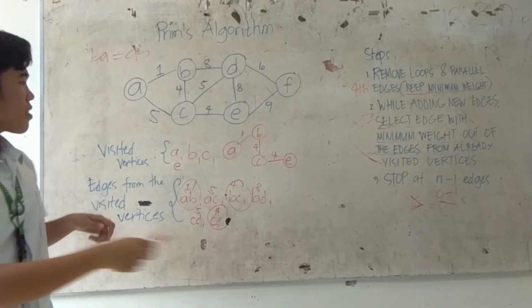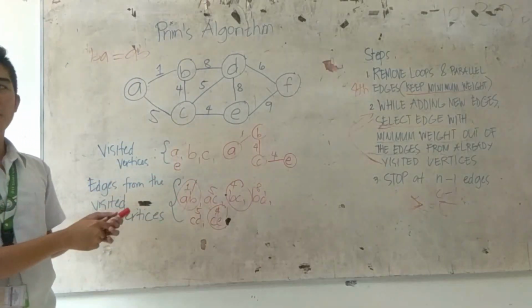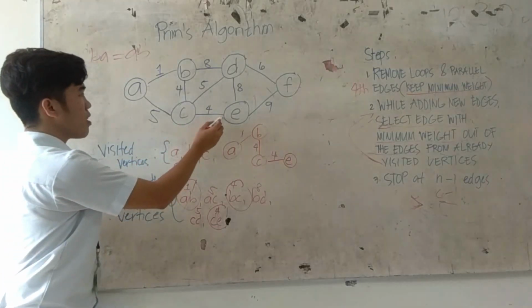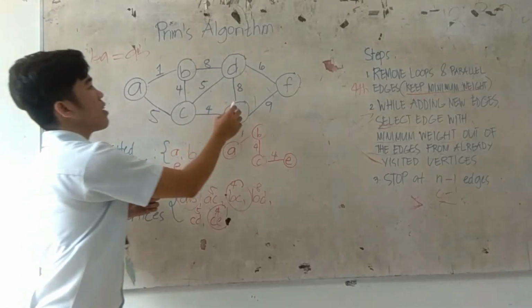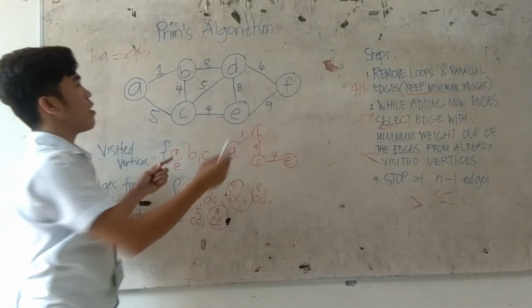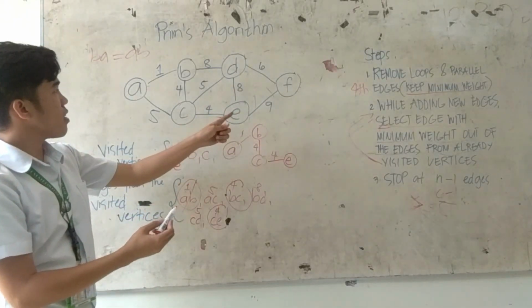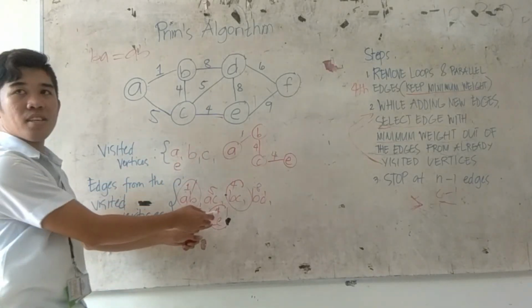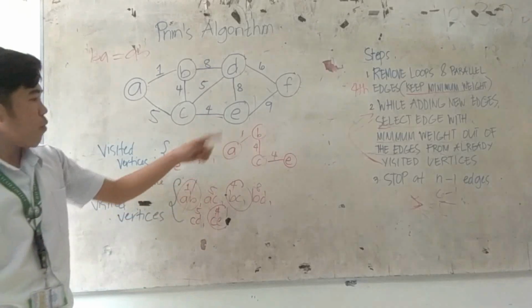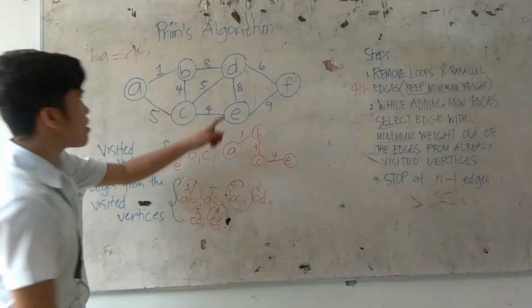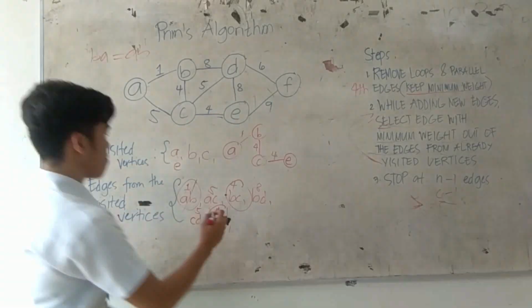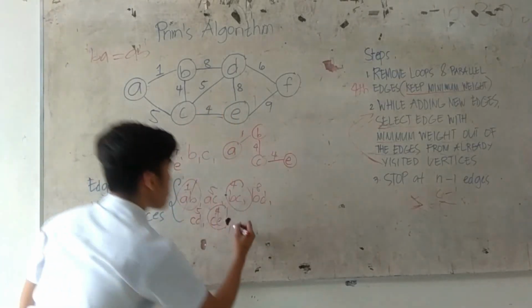Okay, so next is, what are the edges from the visited vertex? The edges are EC, ED, and EF. Okay, but since EC is already there because CE and EC is just the same, we write there ED and EF.